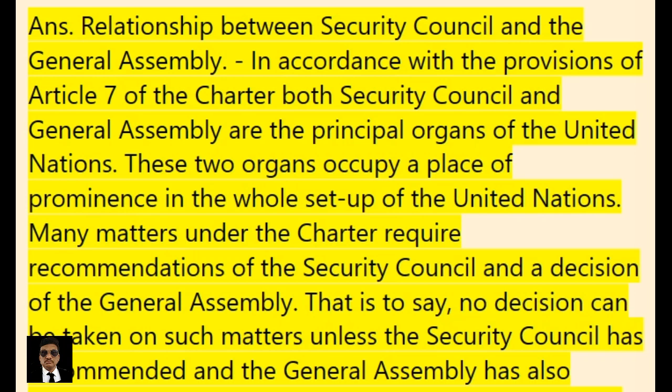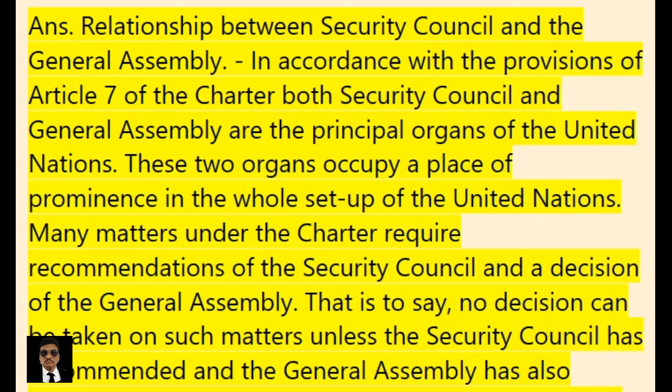Many matters under the Charter require recommendations of the Security Council and a decision of the General Assembly. That is to say, no decision can be taken on such matters unless the Security Council has recommended and the General Assembly has also concurred with that decision.